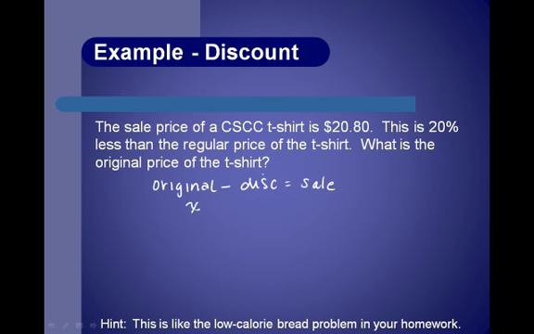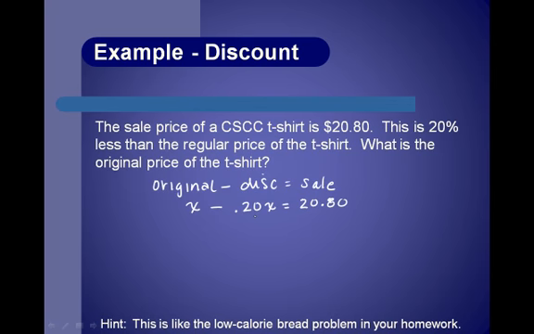We don't know. We're going to call that X. The amount of the discount is 20%, but it's 20% of the original cost of the shirt. So we're going to call that 0.20 times X, and that is equal to the sale price, which is the $20.80. So now we're going to go through combined like terms.